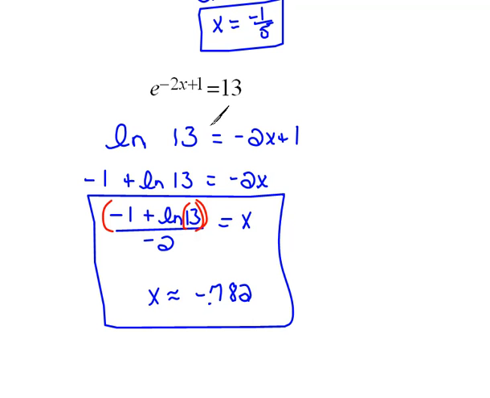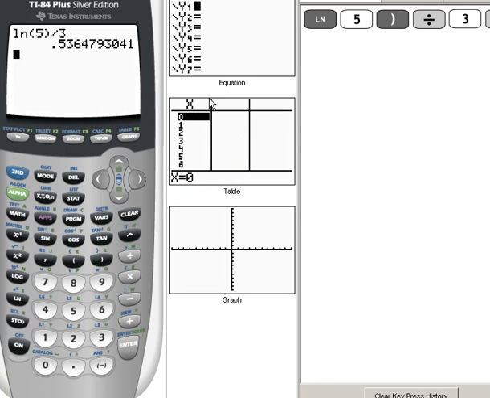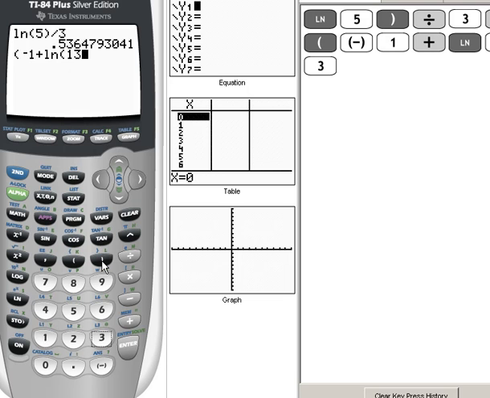So, in order to get the correct answer on our calculator, we would need to open up a parenthesis for the numerator and then type in -1 plus the natural log. Now notice it opened up a parenthesis, so when I type in 13, we have to close that argument and then close the entire numerator, and then divided by -2.